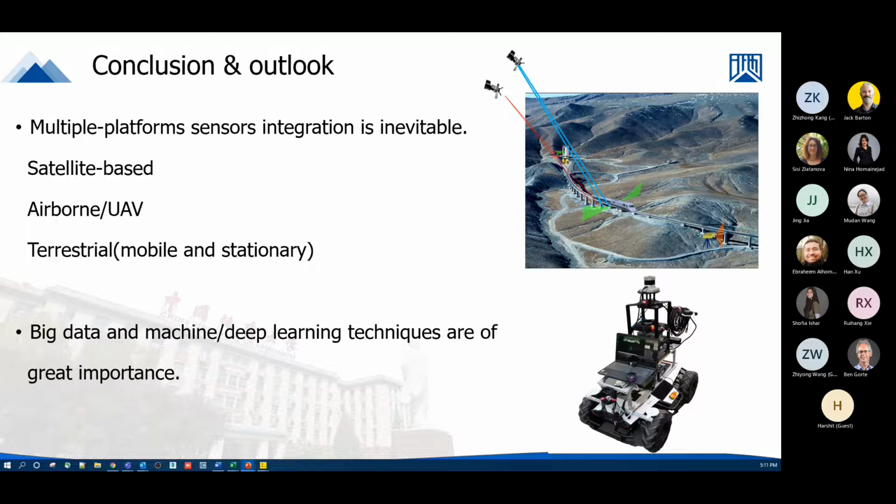And also because we are handling larger and larger data, we need big data and machine learning and deep learning techniques to try to improve the accuracy and the level of detail, and also we can have some interesting work in the future.